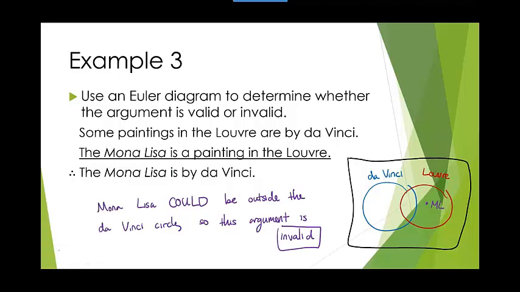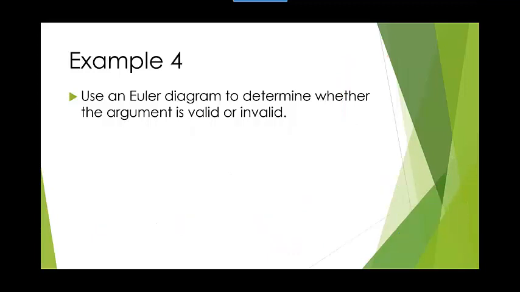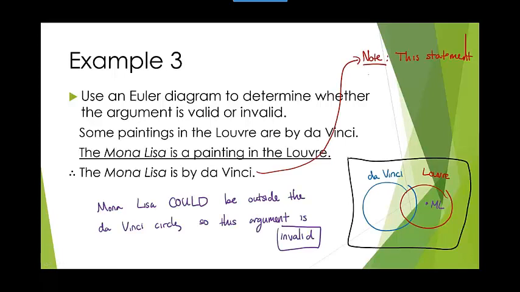Now I expect some of you may be objecting to this because the Mona Lisa is by Da Vinci, so the conclusion is true. But that's not what we're asking here. So note, this statement is true. I'm so sorry that the slides keep doing that. There we go.